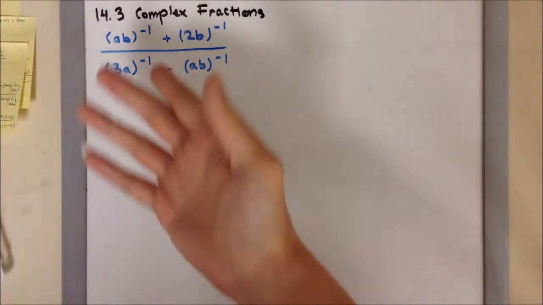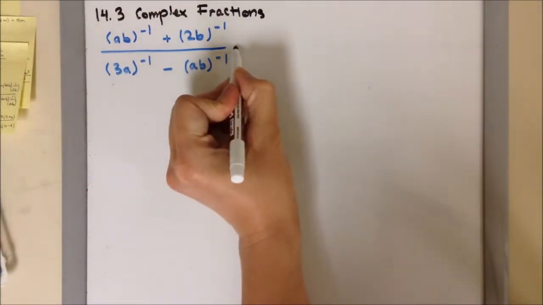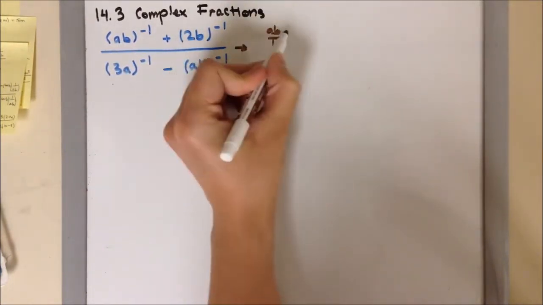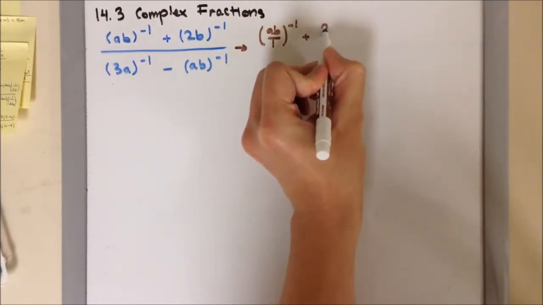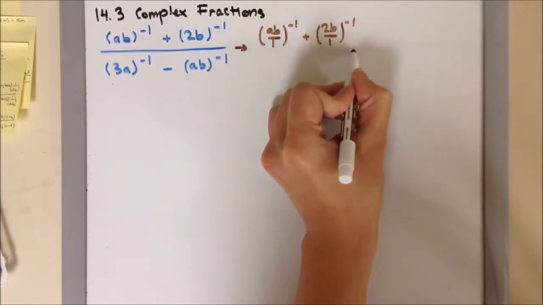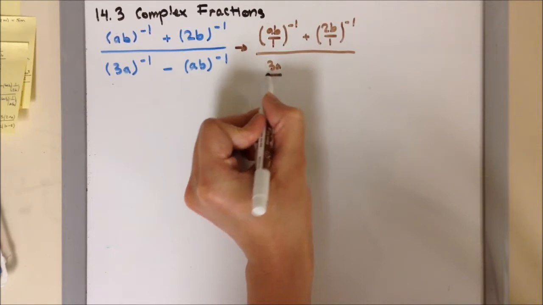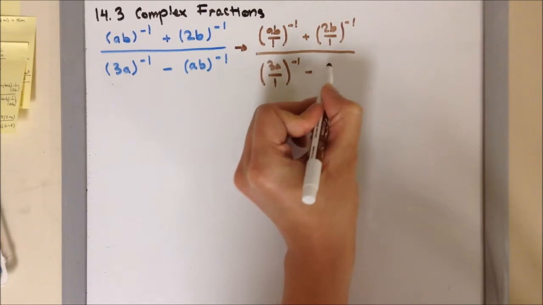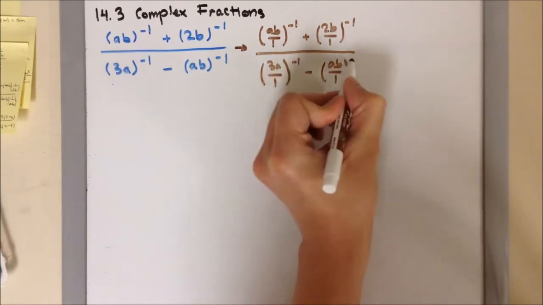So first, let me convert each part into a fraction. AB, when I convert into a fraction, is going to be AB over 1, still being raised to the power of -1, plus 2B over 1, still being raised to the power of -1, and then my denominator, 3A over 1, raised to the power of -1, and then minus AB over 1 being raised to the power of -1.